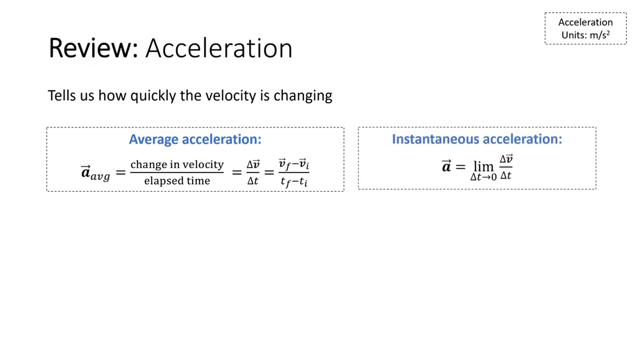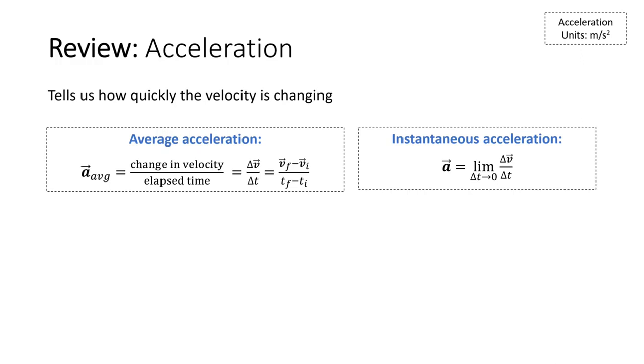We could also then take that delta T, that elapsed time between our two velocity measurements, and make it go really small, and that would tell us the instantaneous acceleration. And that's because acceleration can be changing, just like the velocity can be changing. And so your average acceleration might not be equal to your instantaneous acceleration.